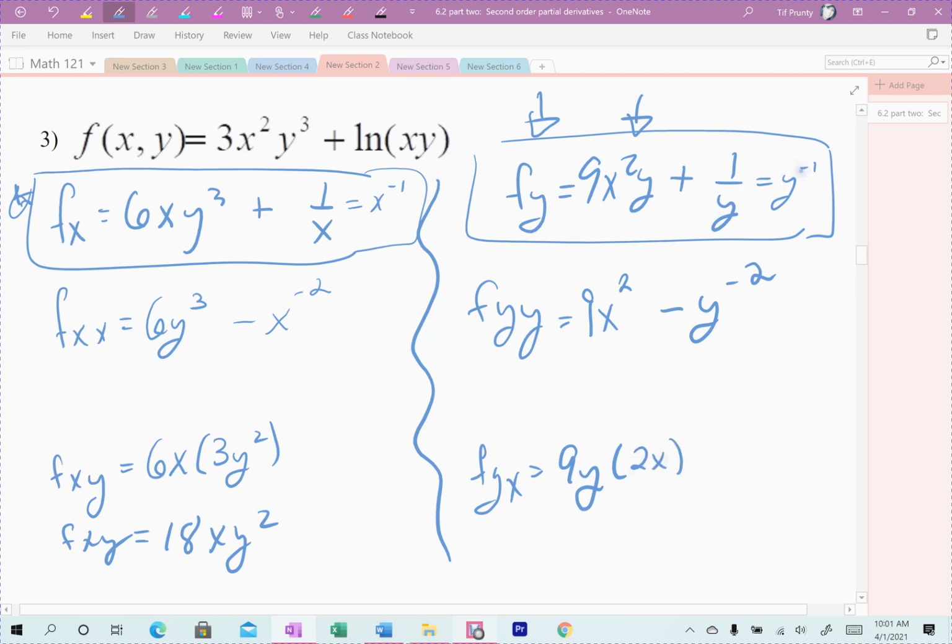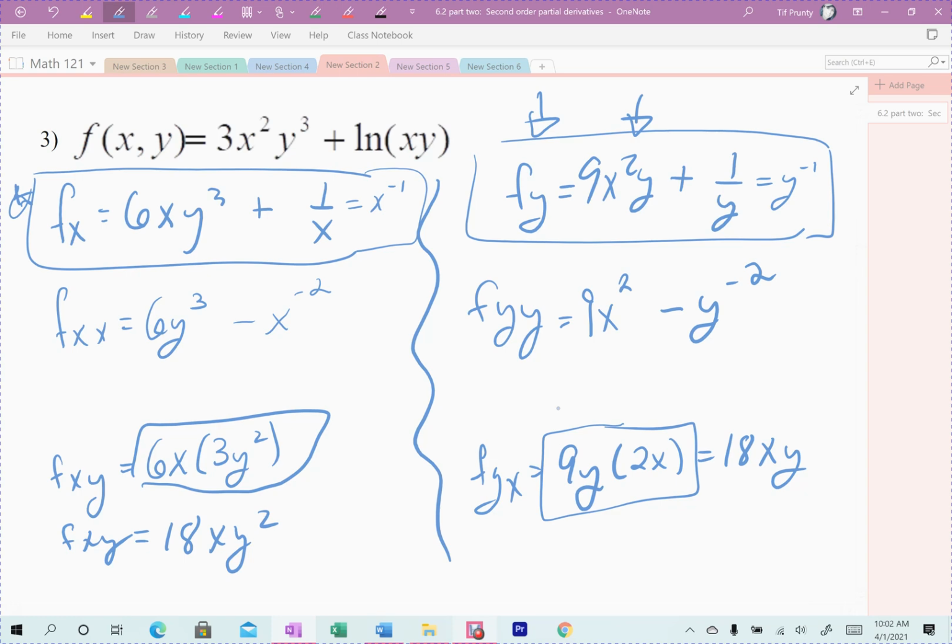There's no x in the 1 divided by y, so that zeroes out, and so it's 9y times 2x, and then if I do simplify that, it does simplify to 18xy, if I take my 2x times 9y, and they are the same. Now, you get there by different values, because the order matters, but when you simplify, they turn into the same value, but they don't turn into the same value until you simplify.